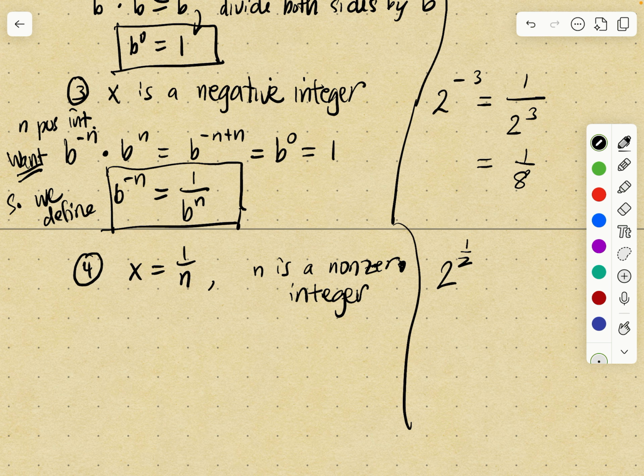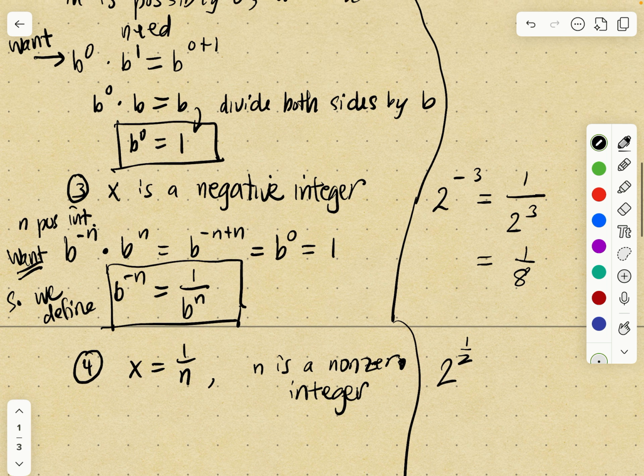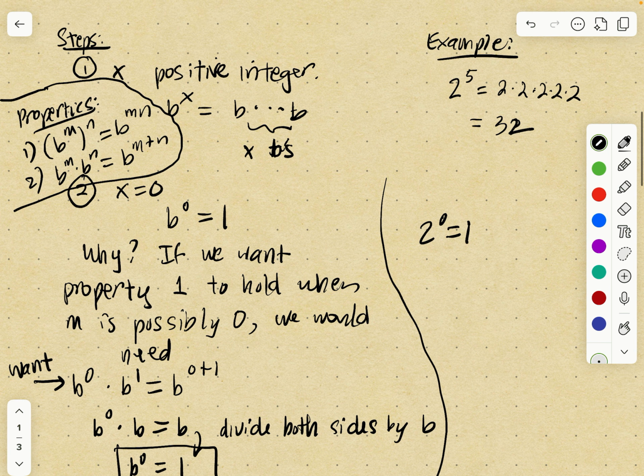Well, again, it doesn't make sense to take half of a 2 and multiply it together. What we're doing is, again, looking at properties 1 and 2 and thinking about what 2 to the 1/2 or 2 to the 1/5 would have to be in order for properties 1 and 2 to work for all real numbers m and n.